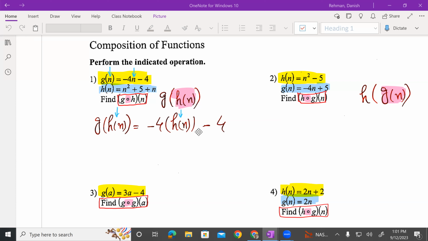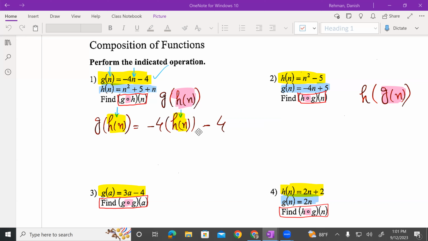You have first converted the thing written in that red box to a normal function notation, G of H of N, the pink highlighted one, and then you took the yellow function, and wherever you saw that arrow pointed N, you replaced that with the H of N. That's what we did.